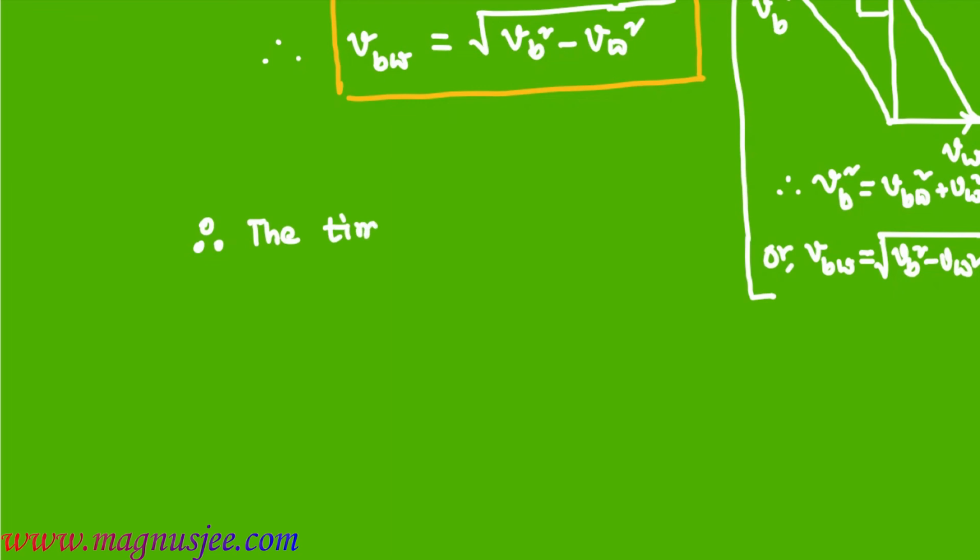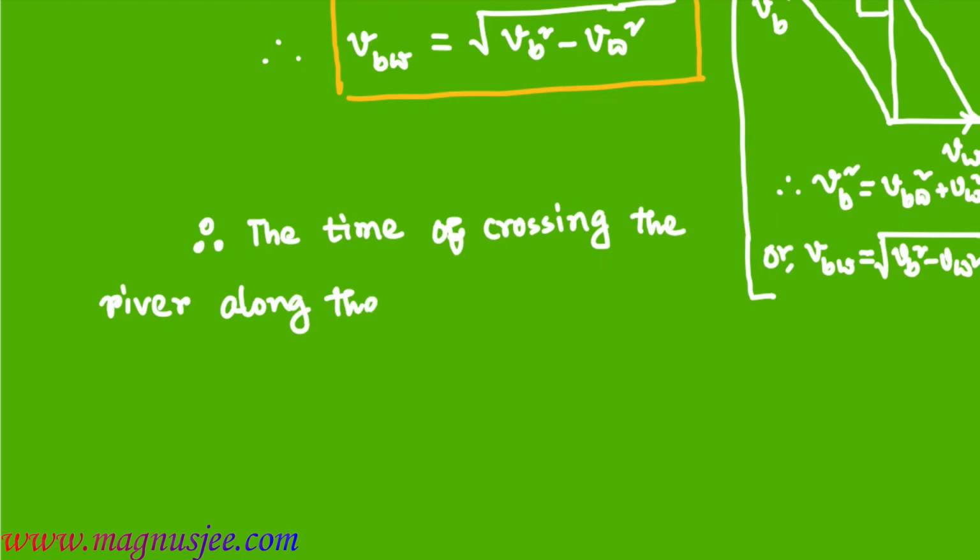Therefore, the time of crossing the river along the shortest path AB, under the combined action of motion of the boat and the motion of the river water.